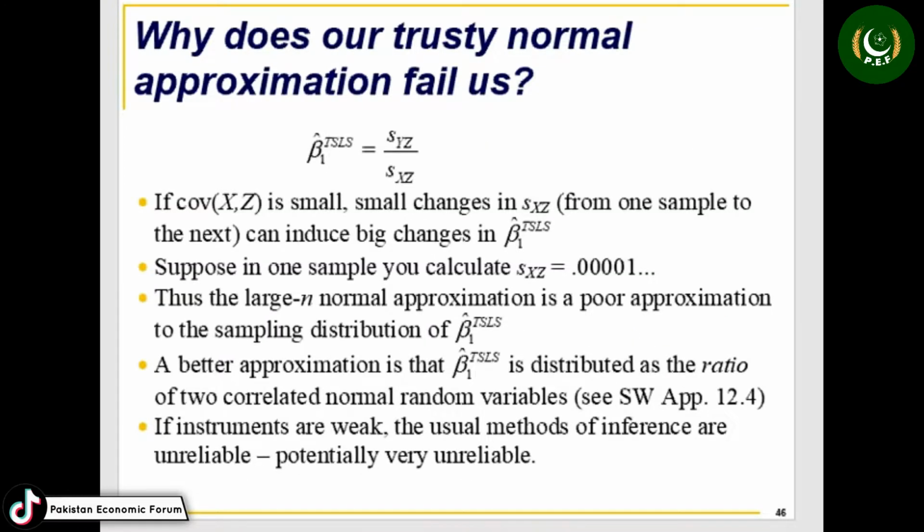So what happens if you have weak instruments? Your standard statistical inference will not hold. Basically, this will become a ratio of two normal variables, and your standard statistical inference will not hold.